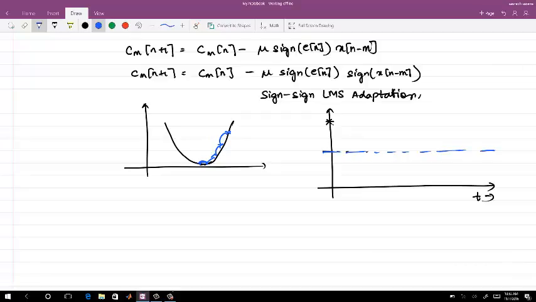The way it will converge, it will start from here, it will come down, and if I exaggerate it, it might be doing something like this. So it has settled in a mean sense to the final value, but it has not settled to the exact value where it doesn't change at all.